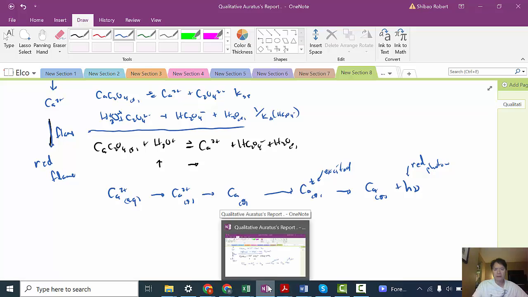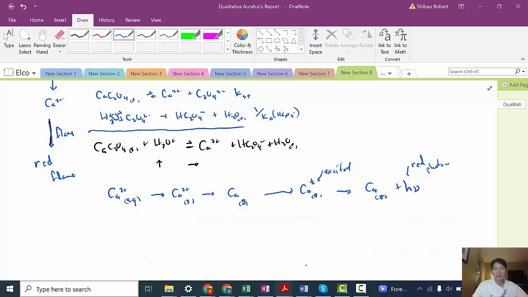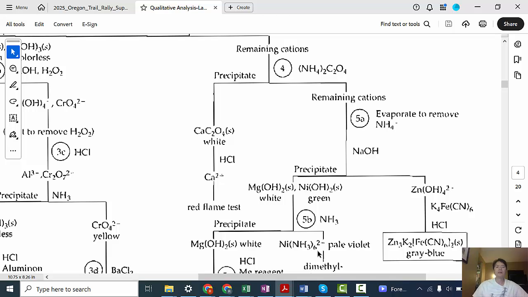Okay, let's move on to the other ions here. So we separate out the calcium, and then we're left with the remaining ions here. And then we're going to evaporate to remove the ammonium, which is an acid, yes, and we'll add sodium hydroxide to this.